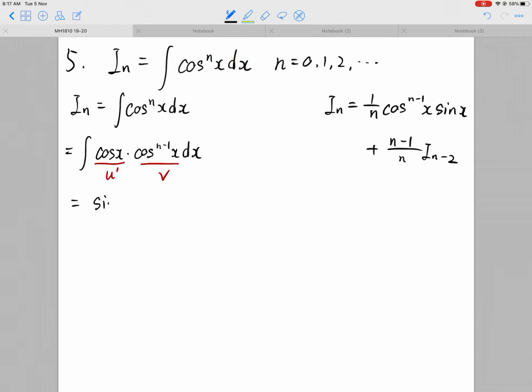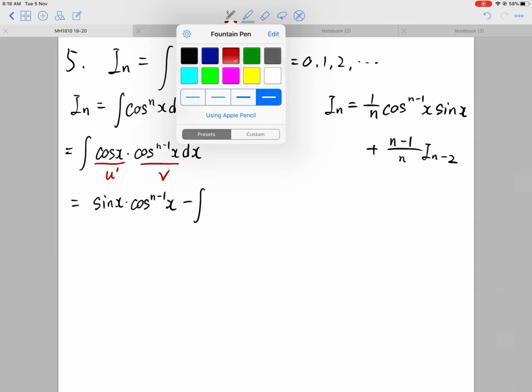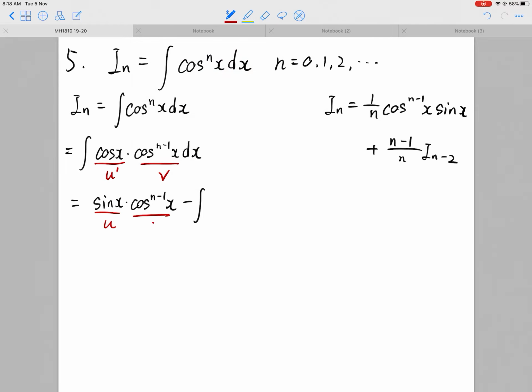It's sine x times cosine x to the power of n minus 1, minus, this is u, this is v, the integration of sine x times v's derivative. It's n minus 1 times cosine x to the power of n minus 2 times cosine's derivative, which is negative sine.